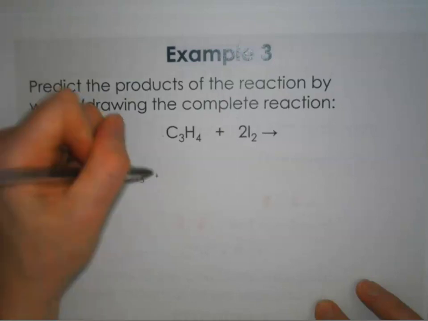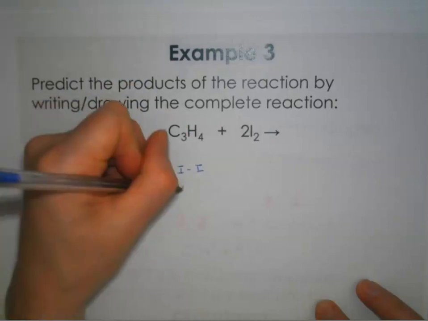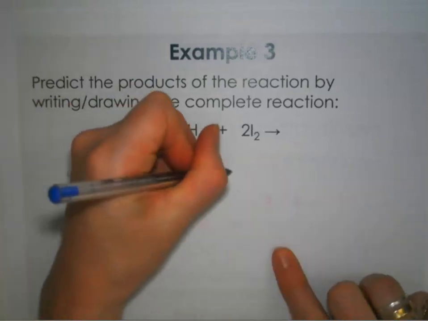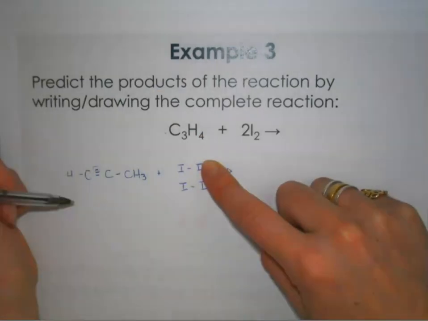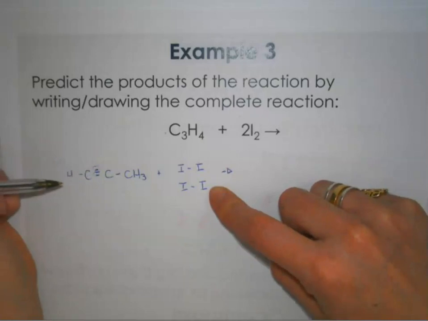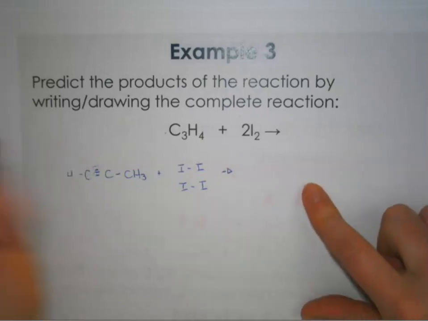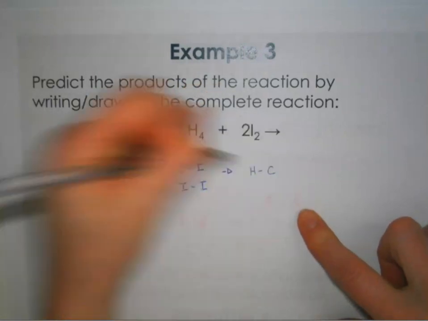Now we're adding in 4 iodine atoms, right? 2 iodine molecules. So when we go to think about the products here, the first 2 are going to break this triple bond, and the second 2 are going to break down the double bond. So we're left with a single bond. Basically what we're going to have now is the hydrogen attached to the carbon.